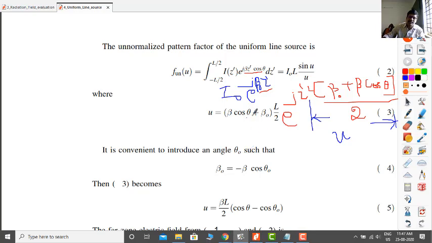For convenience, we have taken it like this. And at this direction or angle, it gives a maximum also.